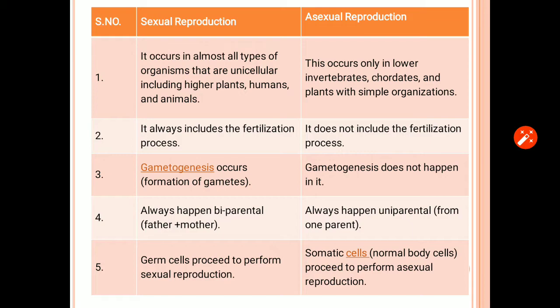We may include one more point: in sexual reproduction, because there is recombination of genes, variations occur. While in asexual reproduction, there is no genetic recombination and so no variations.